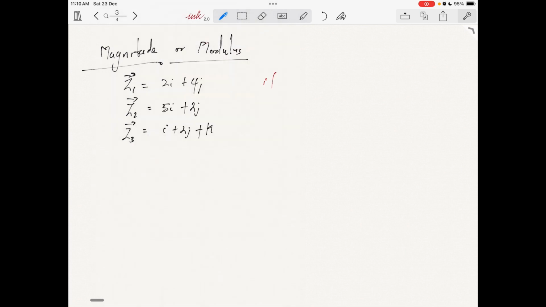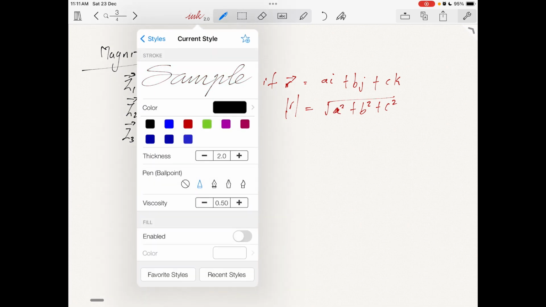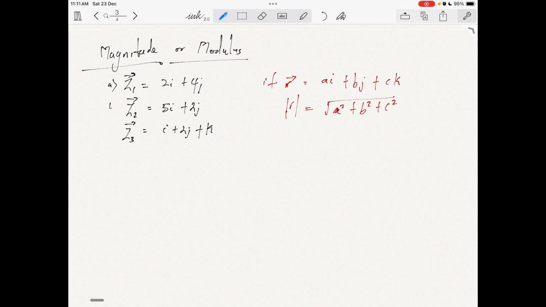If R is equal to ai plus bj plus ck, then the magnitude of the vector, which most times we write as modulus of R, will be equal to the square root of a squared plus b squared plus c squared.